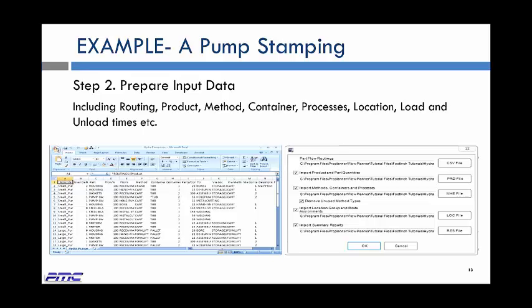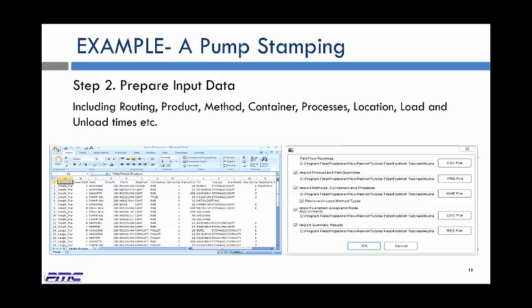So you include all the product routing, the method, how it's moved between station to station or department to department. You put in your load times, your unload times, the container sizes, the number of parts in the container, all this kind of information for each product.